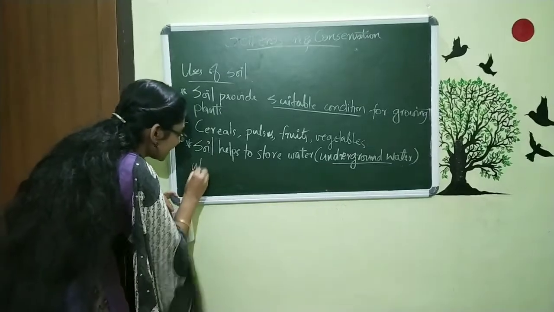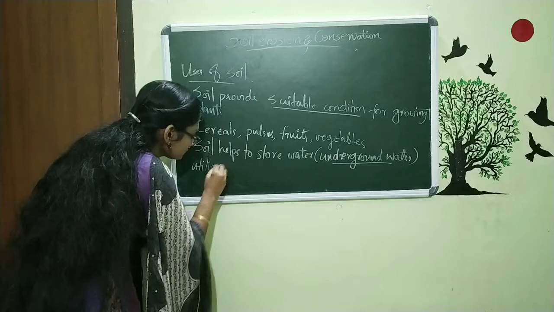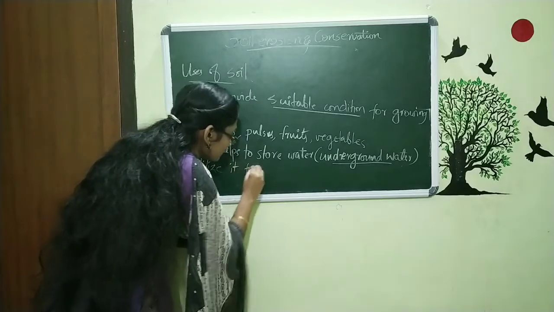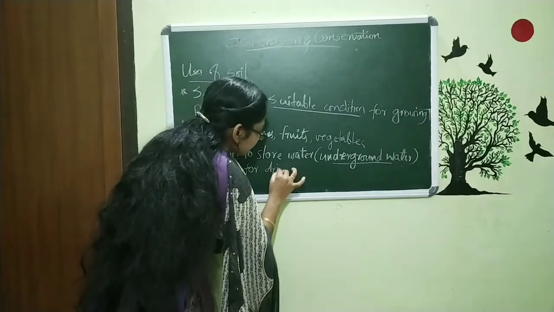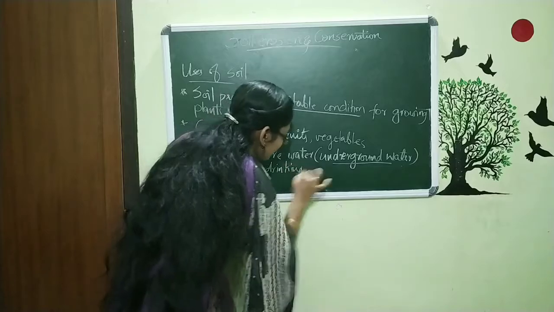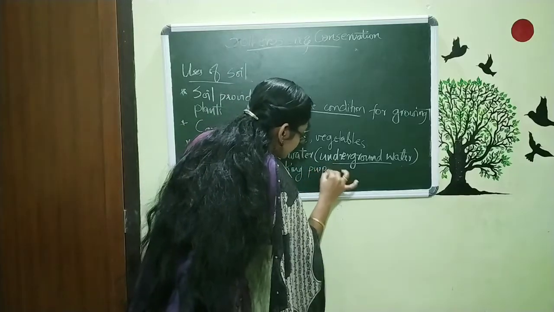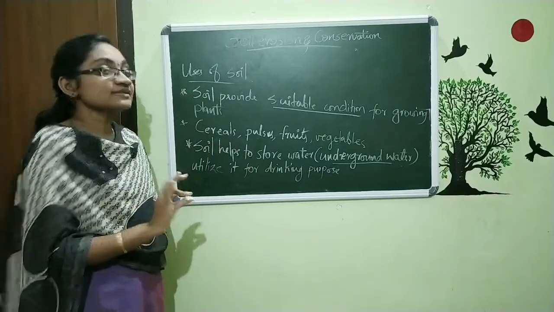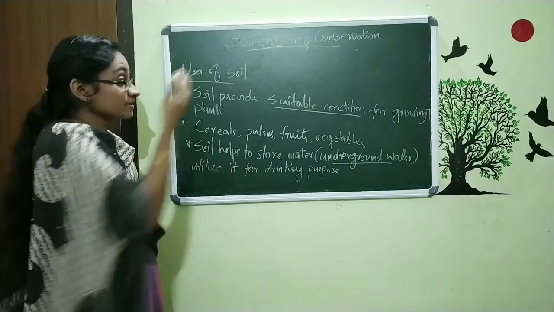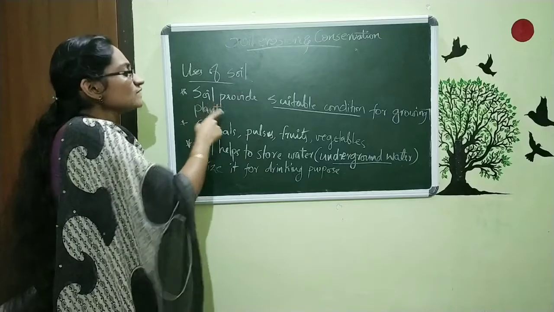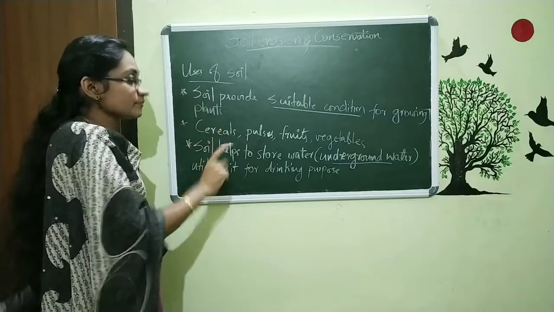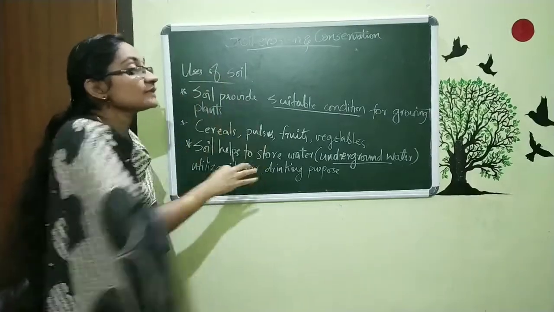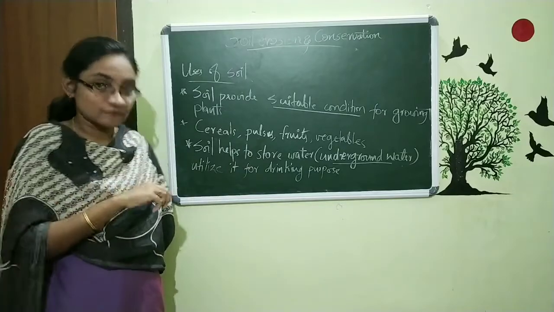So these are the three uses. Now we are moving to the next uses. What we discussed already: the soil gives suitable condition for growing plants, the first use.